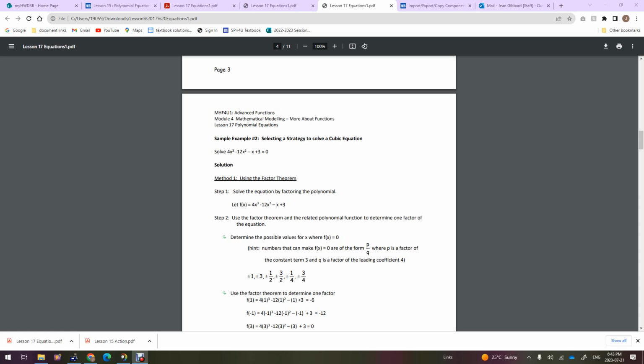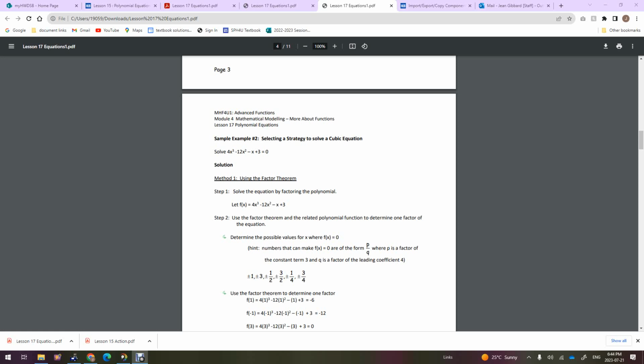Numbers that can make f at x equal to 0 are of the form p over q, where p is a factor of the constant term, and in our equation that is 3, and q is a factor of the leading coefficient of the larger variable x cubed, which is 4.